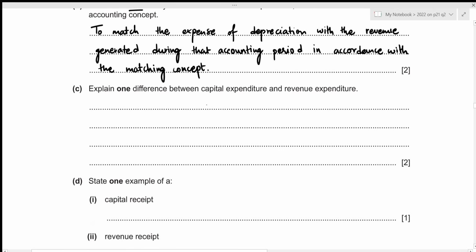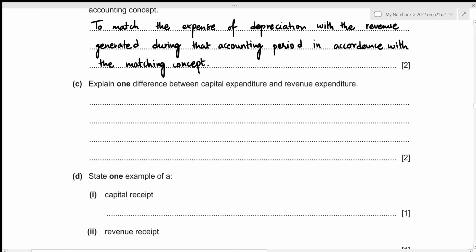Now for the third part, we need to explain one difference between capital expenditure and revenue expenditure. So capital expenditure is basically the expenditure on non-current assets, whereas revenue expenditure is our day-to-day running costs. Let's write it down.